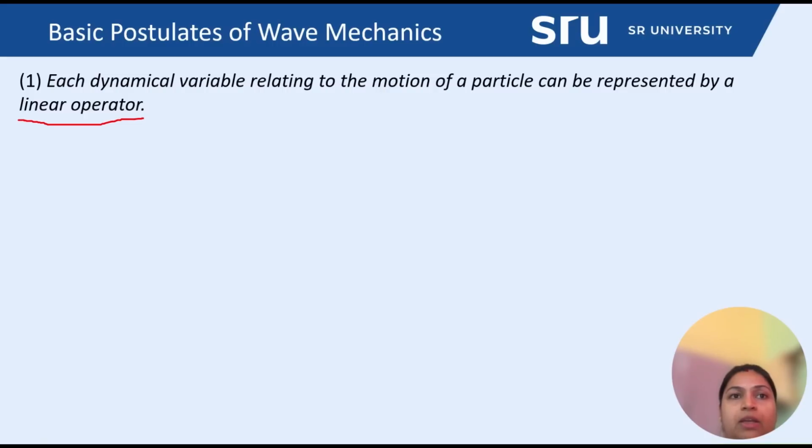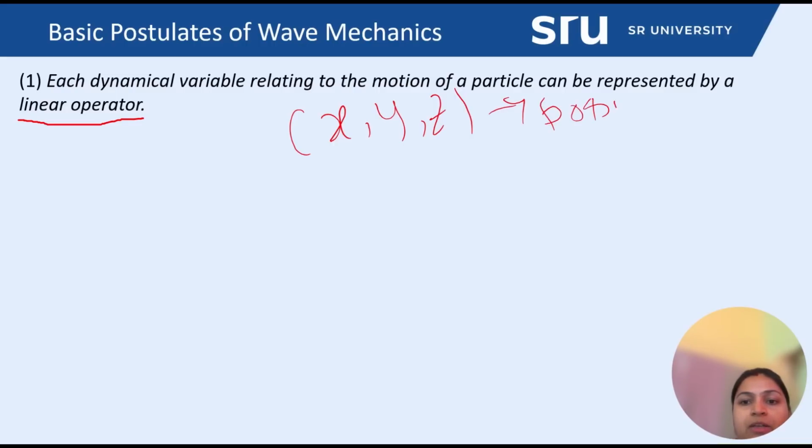If we explain it with the classical concept, we know that in classical physics, a definite function of suitable variables is associated with each observable quantity. Like x, y and z, these are basically associated with position.